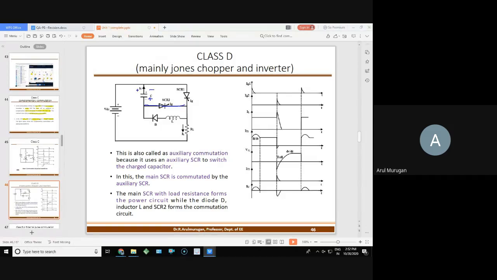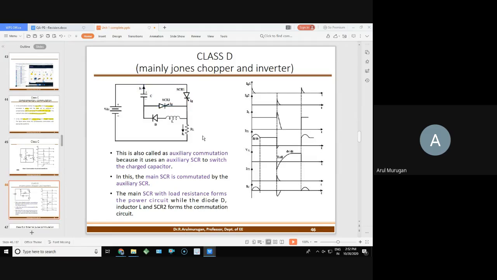Once I want to discharge, I do it in the opposite direction. If the current flows in the opposite direction, it is called reverse bias. So I apply reverse bias to turn off the device. That is about the turn-off methods.